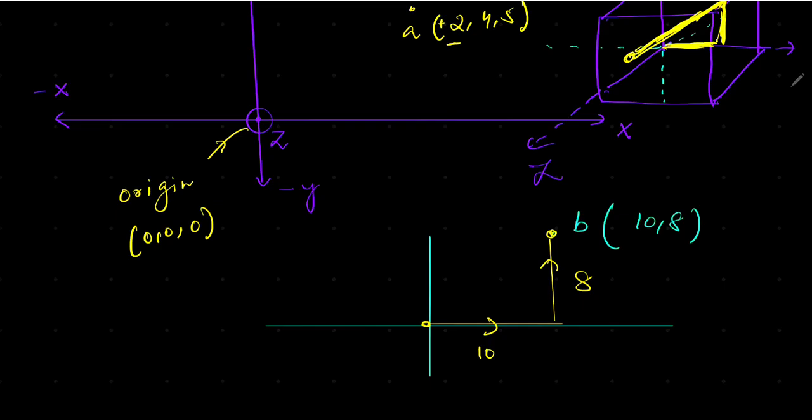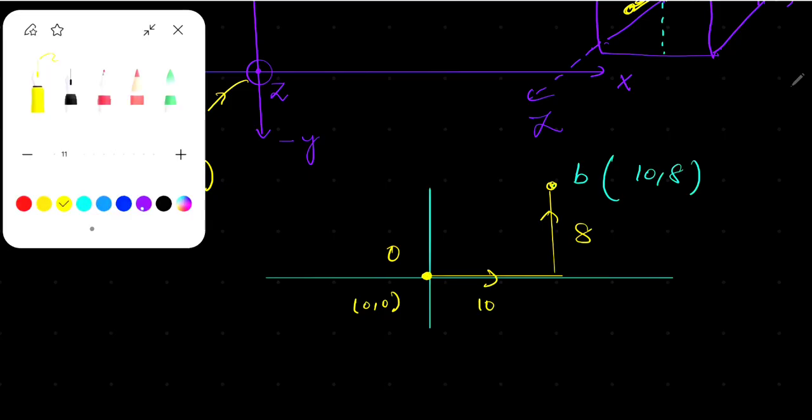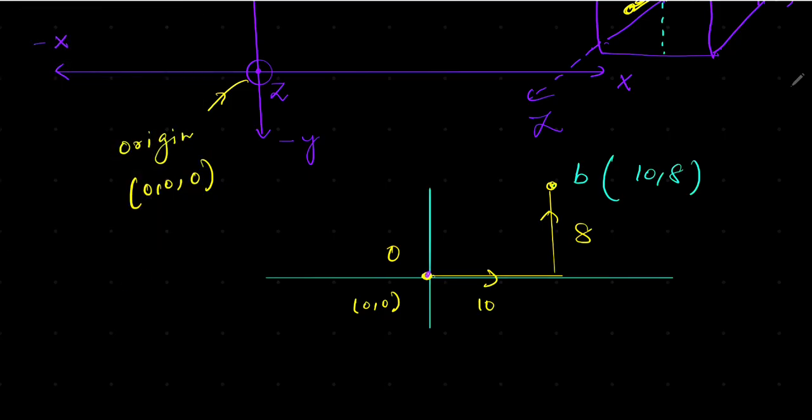Now if someone asks you the distance between this origin 0 comma 0 and this point B, let's say the origin is O, how will you get it? You must connect O and B with this line, and calculate this distance.